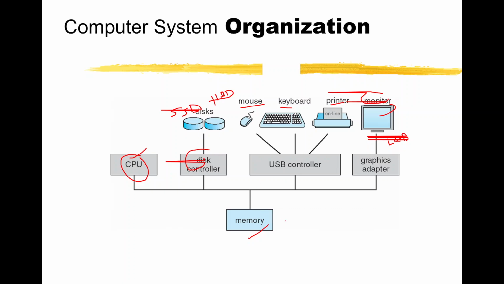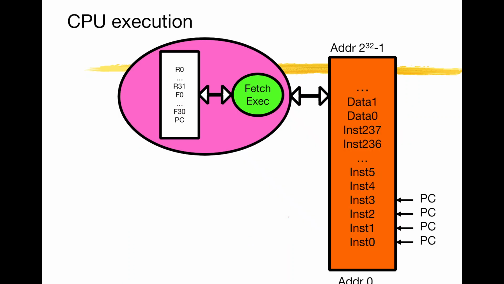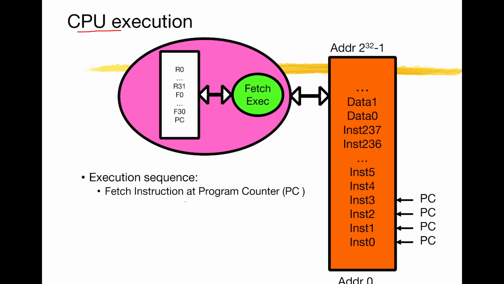So this was the idea of von Neumann. Von Neumann designed this idea for the first set of computers. And the way the computer works is that, let's look at the CPU execution. When there is an instruction that needs to be gotten, the CPU raises a fetch instruction at program counter.